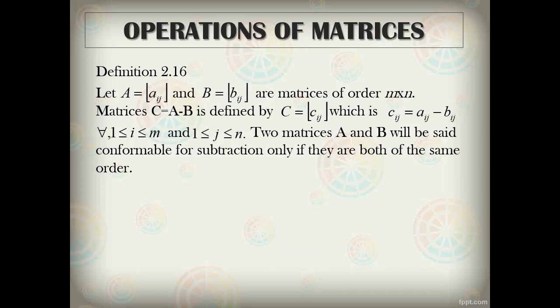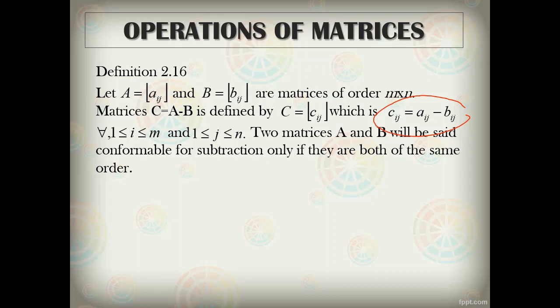Okay, so this is the definition for subtraction. I don't want to read this. I just want to explain this in a simple way. We don't need to depend on the definition as long as we know how these two matrices can react to each other. So you don't need to remember the definition.